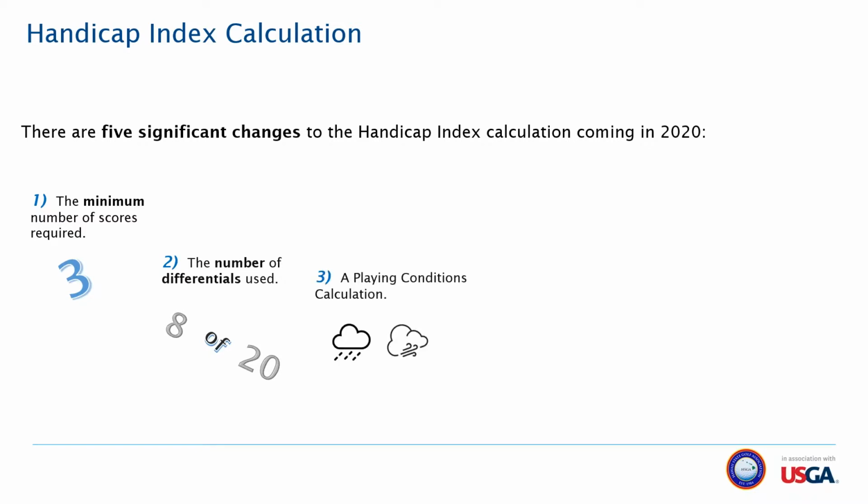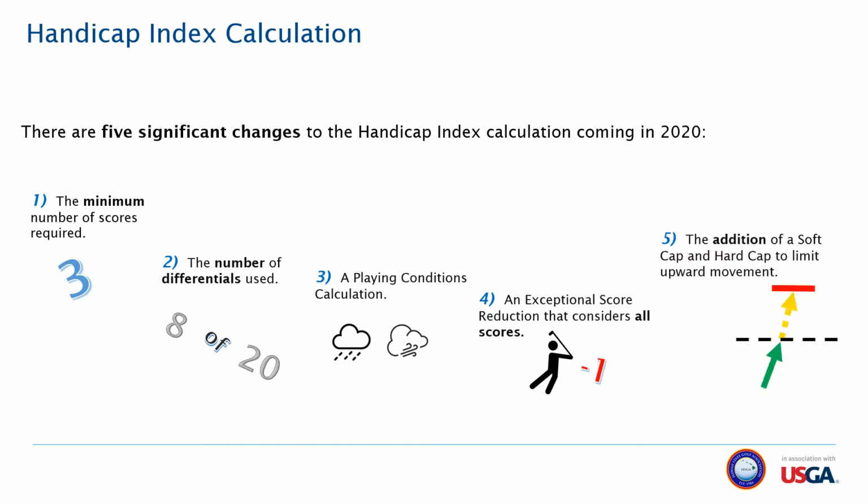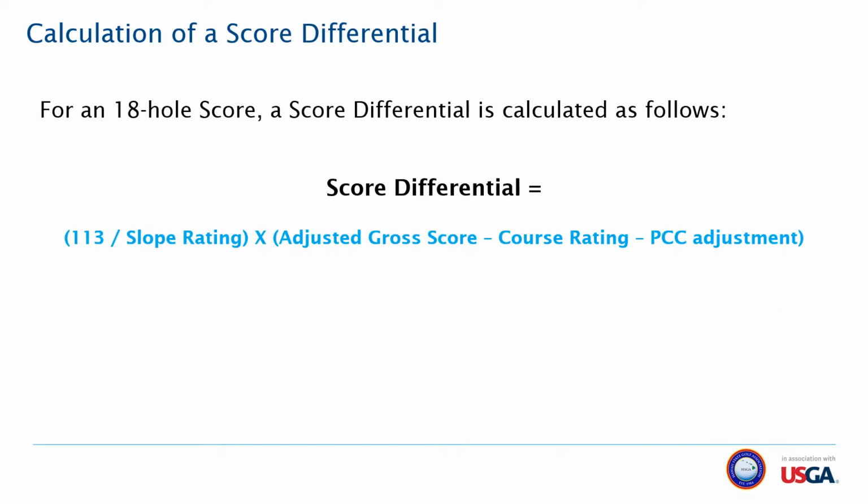Number 3, the PCC, playing conditions calculation, accounts for variations in weather and course setup. Number 4, exceptional score reduction. It looks at all posted scores. And lastly, the addition of a soft cap and a hard cap limit for upward movement. We'll talk about that here pretty quick.